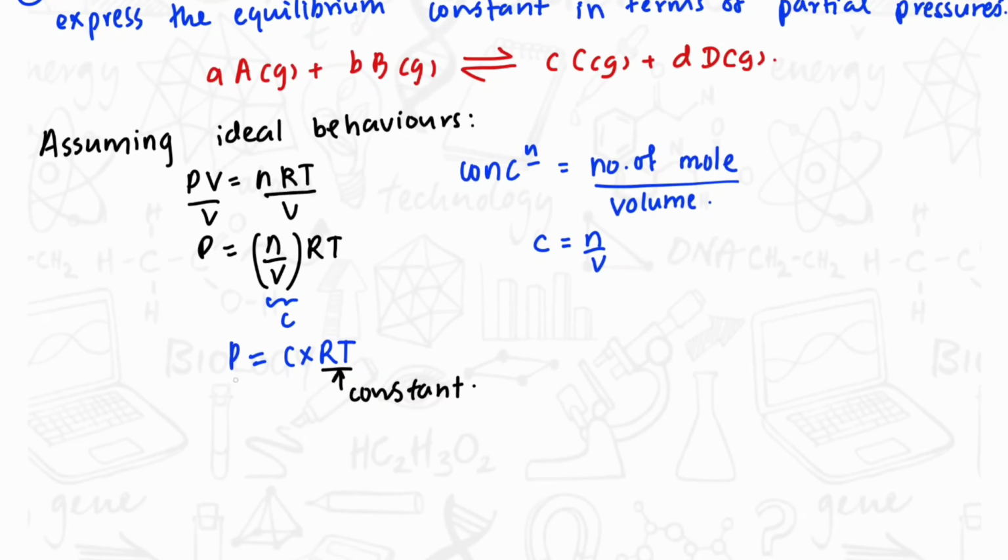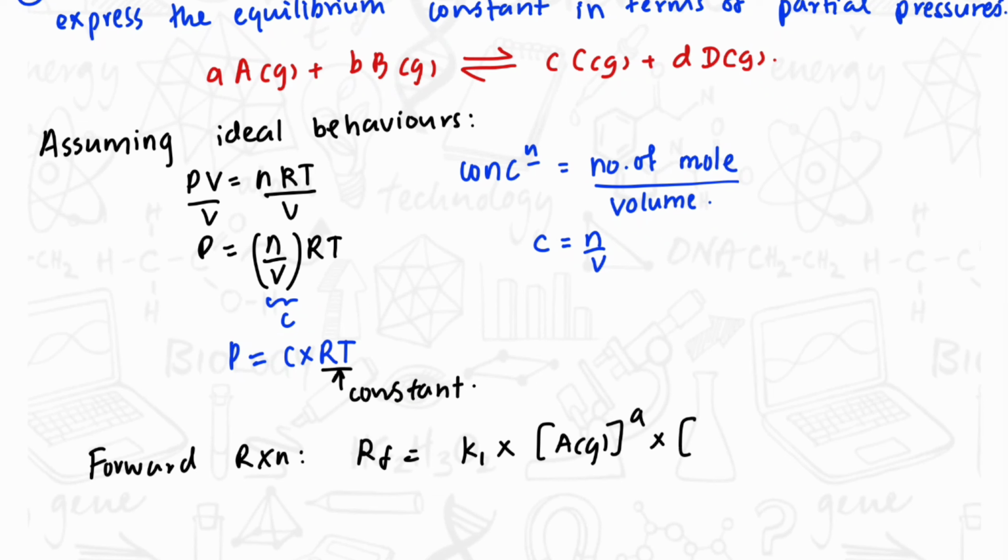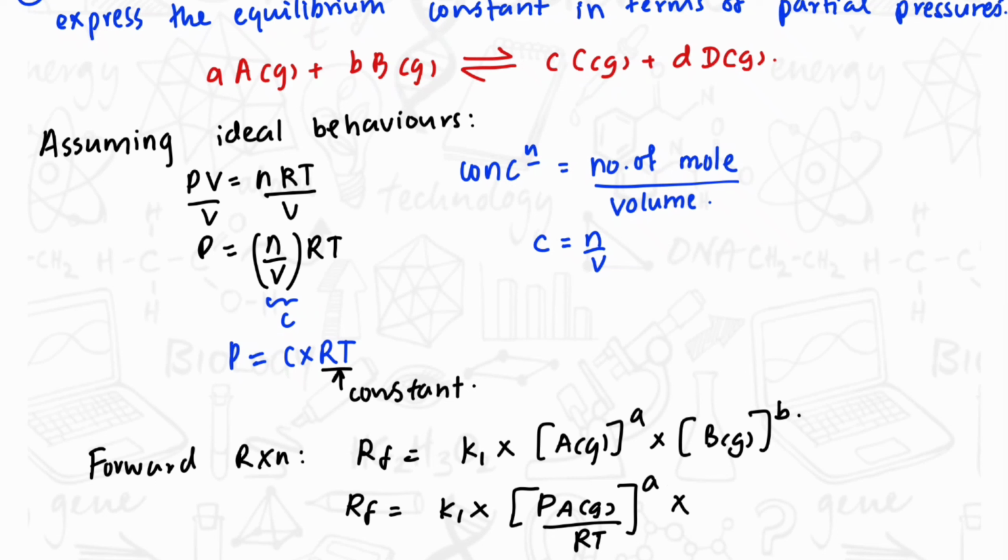If we take the rate equation for the forward reaction, Rf = K1 [A]^a [B]^b, we can write K1 times the partial pressure of A divided by RT, the entire thing to the power a.